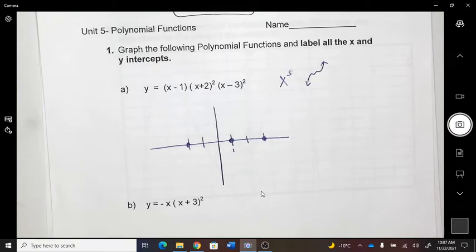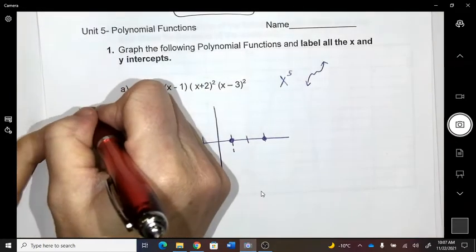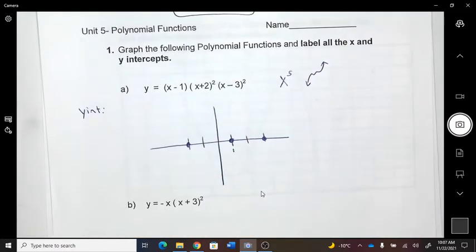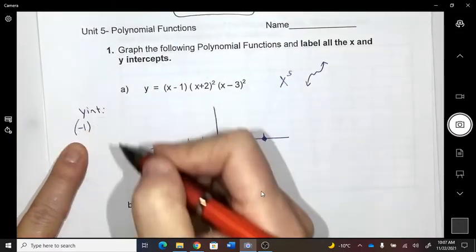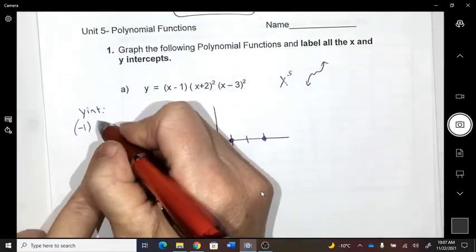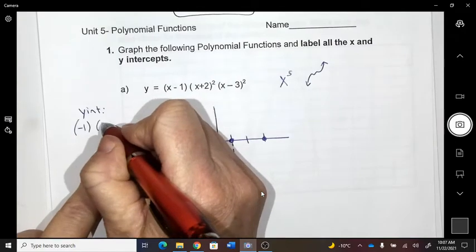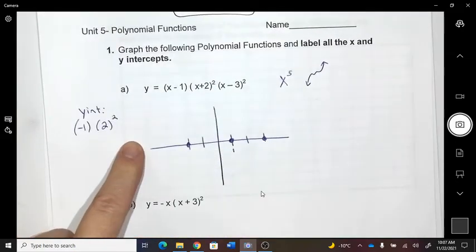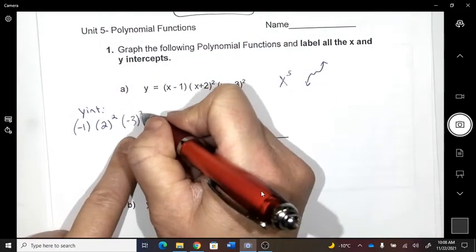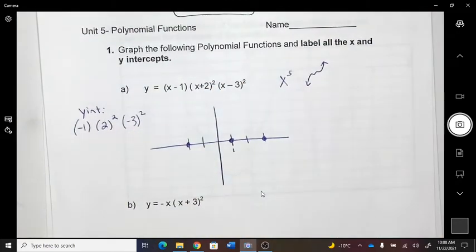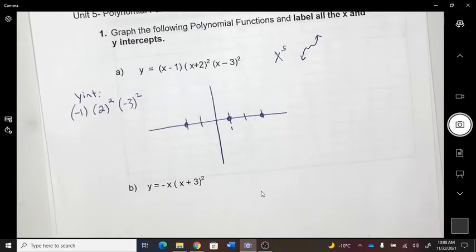Okay, y-intercept. So on that, you're making x 0. So 0 subtract 1 is negative 1 times 0 plus 2 squared times 0 minus 3 squared. Make sure you get the positives or negatives correct when you're multiplying it out.